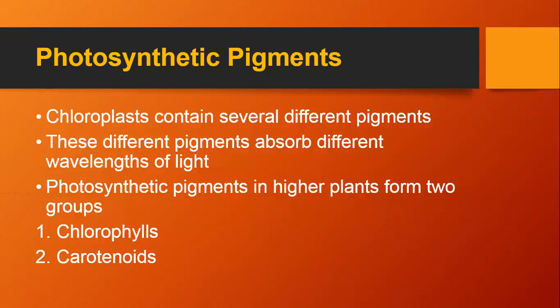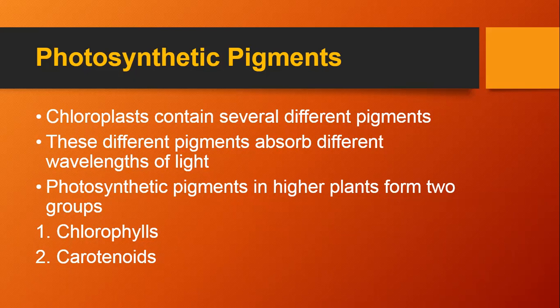Now you see, earlier we talked about the photosynthetic pigments, that they can be of two types. It can be accessory pigments, they can be primary pigments. But now we are going to talk about the division of the photosynthetic pigments from some other perspective. Chloroplasts contain several different pigments, and these different pigments absorb different wavelengths of light, right?